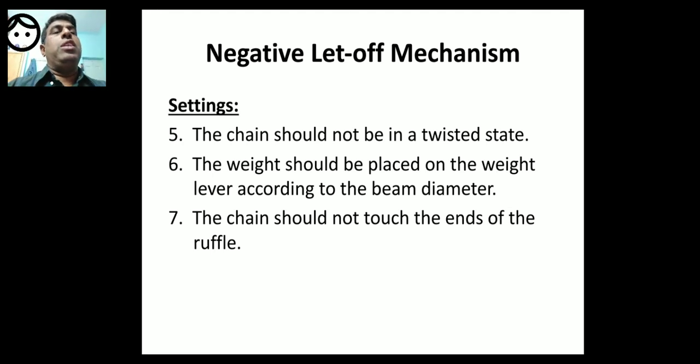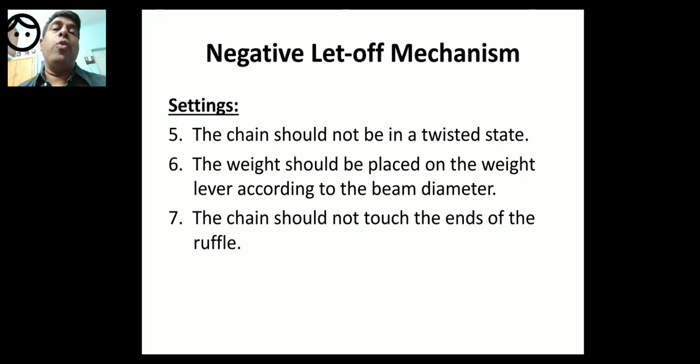Next, sixth point. The weight should be placed on the weight lever according to the beam diameter. So the dead weight should be placed on the long lever depending on the beam diameter and the width of the warp beam.